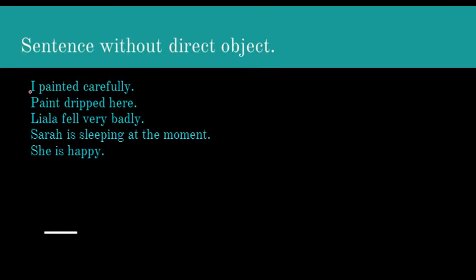In this sentence, I is subject. Painted is action verb and then we have carefully. So do you think carefully is direct object? No, because the word carefully is giving us information how.